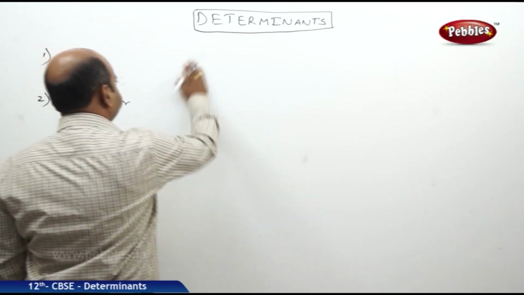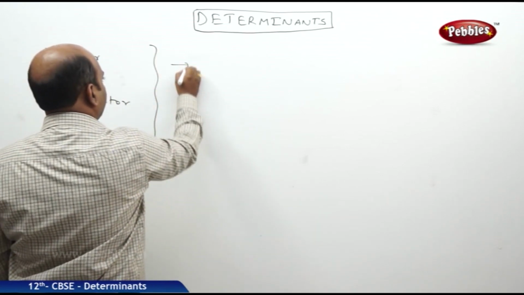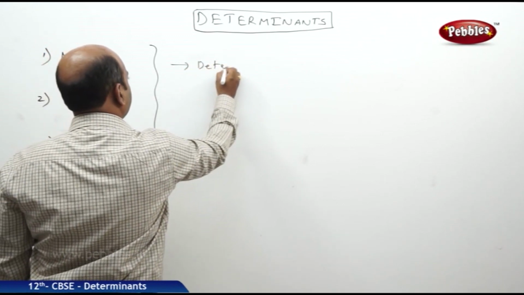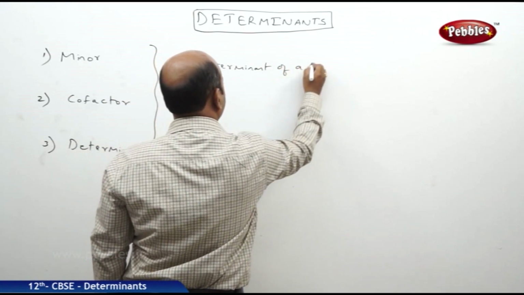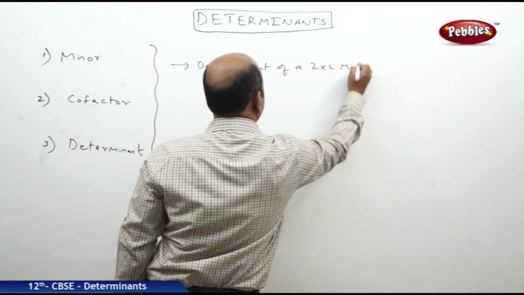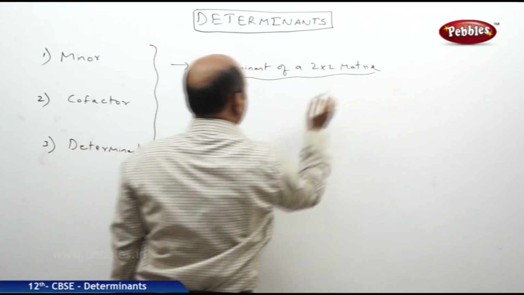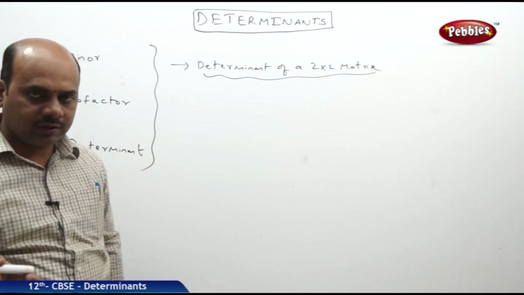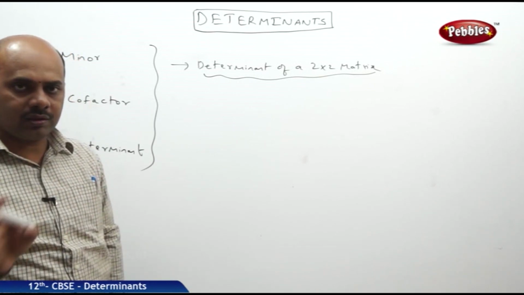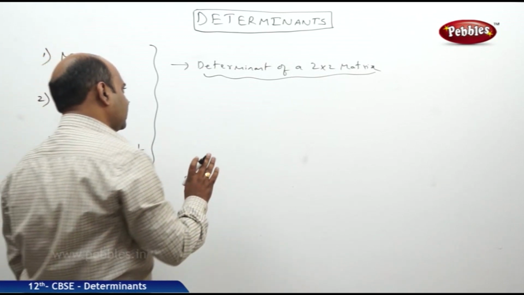Now here, before telling these three definitions, I would like to tell what we mean by a determinant of a 2 by 2 matrix. Determinant means it's always a real number associated with a matrix. A real number associated with a matrix, you call it a determinant.